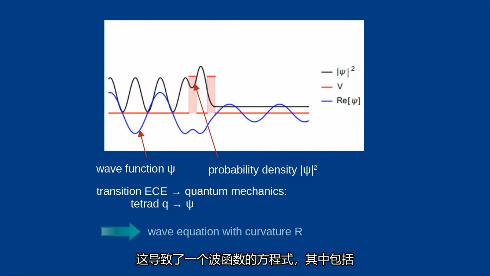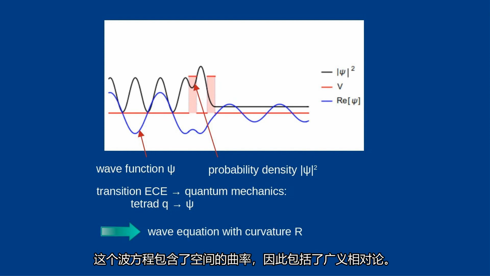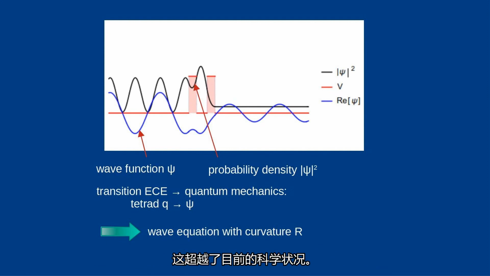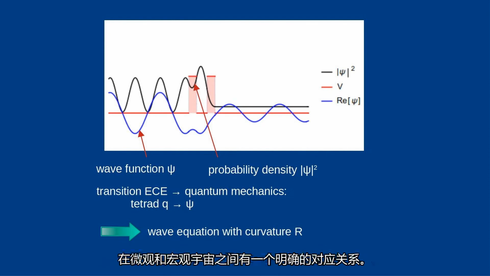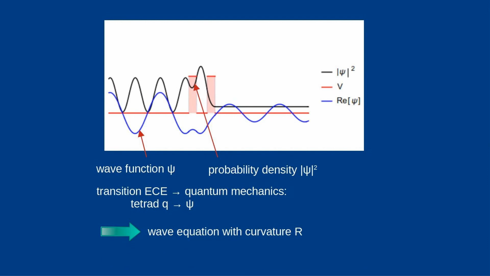This leads to an equation for the wave function that includes quantum mechanical quantities. This wave equation contains the curvature of space and thus includes general relativity. This goes beyond the current state of science. Since the wave equation is derived from macroscopic ECE physics, we have a clear correspondence between the micro and macro cosmos.